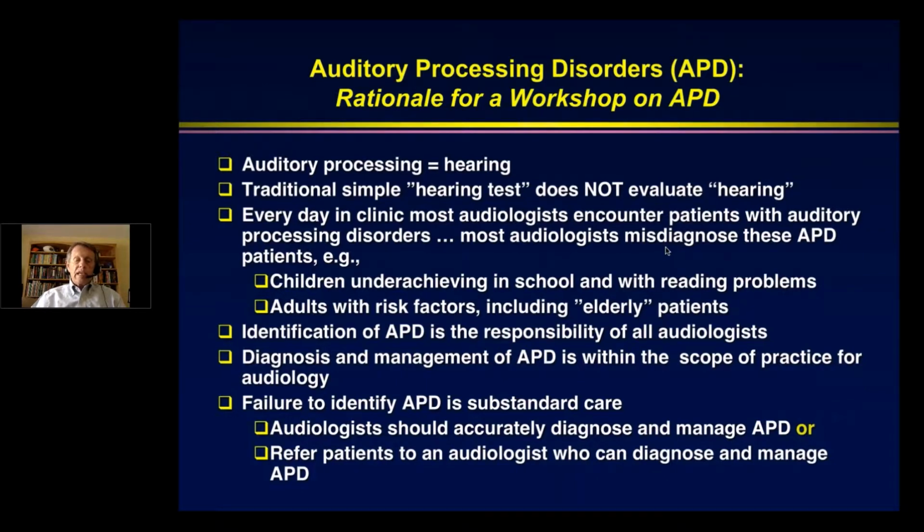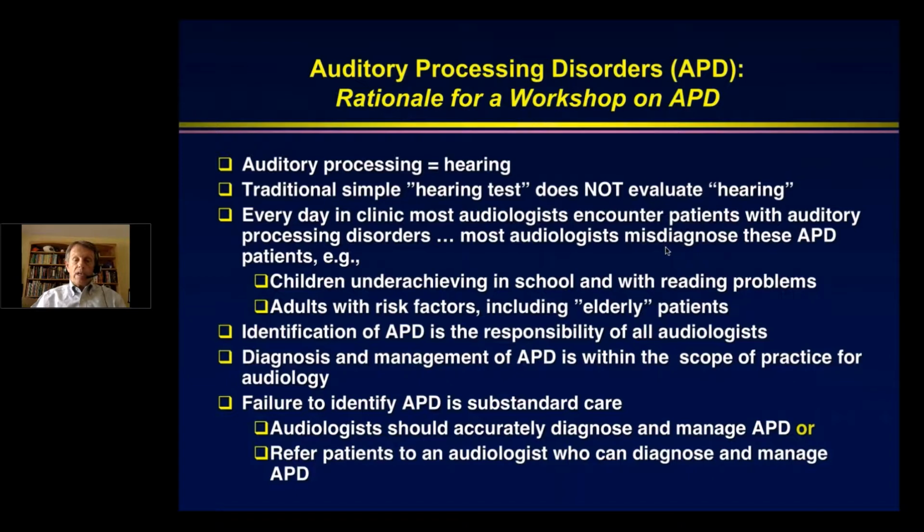If you are seeing an adult population, and that adult population includes elderly adults, and I used to refer to elderly adult as 65 and older, but I think it must be much older than that now, because that doesn't seem very old since I'm past that point. But there are older adults who have normal hearing sensitivity, and yet they have auditory complaints, and their loved ones, their children and family complain about their hearing.